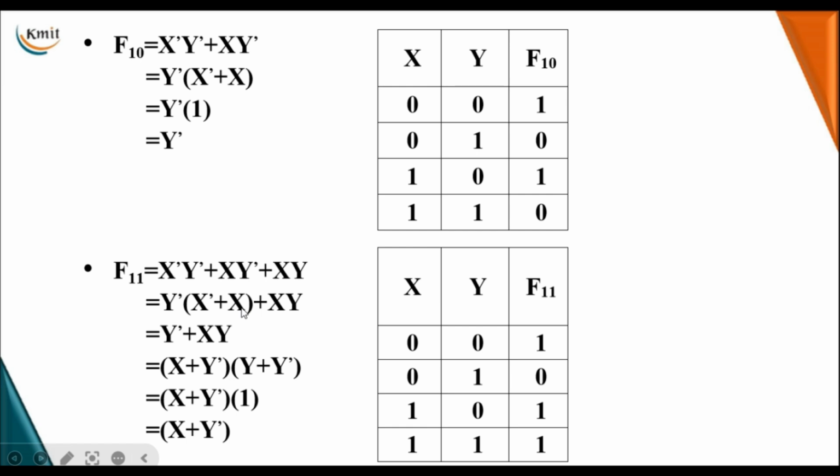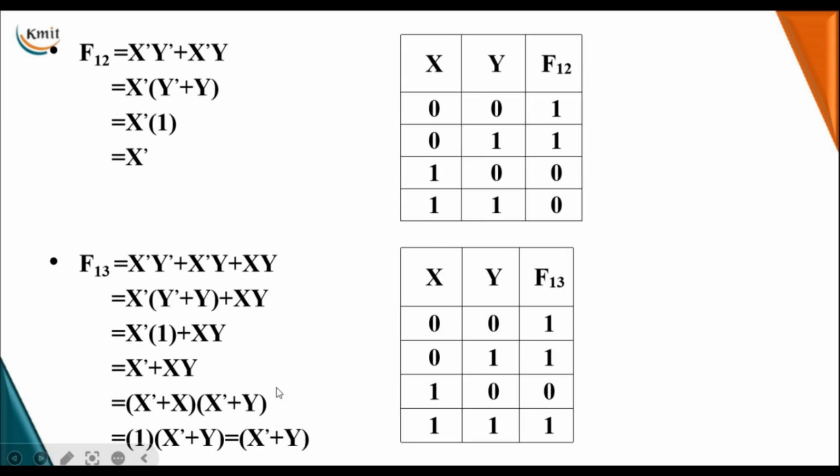So x bar or of x is replaced with logic 1, hence here we have only y bar and or of xy. So using your distributive law, let me distribute this complemented variable with x and y. So we obtain x or of y bar and of y or of y bar. As y or of y bar is replaced with 1, it will give you the OR operation between the first variable and its complemented second variable.